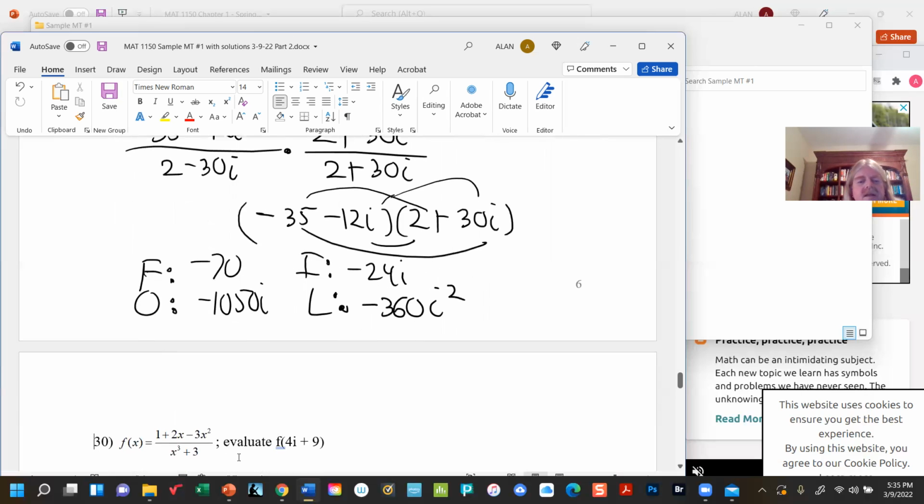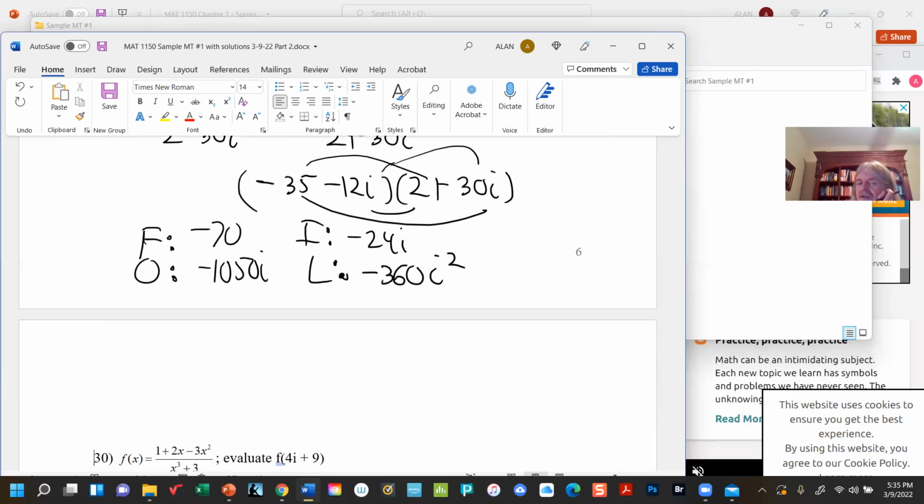Wow. This is going to be a bit of a mess. But that's all right. We can do it. So that numerator is minus 70 minus 1050i minus 24i minus 360i squared.